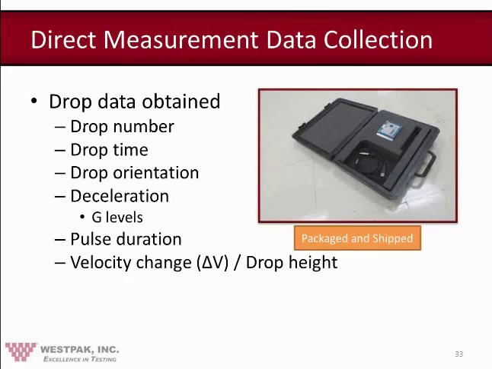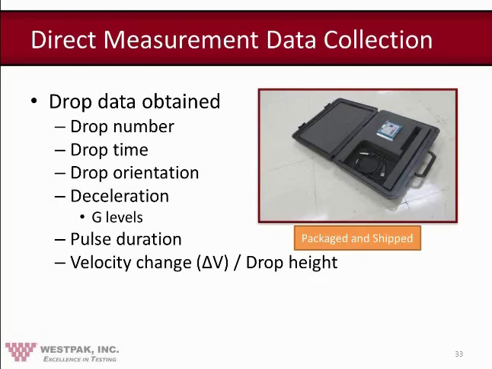Edmund, can you tell us about the direct measurement type of data collection as well? Certainly, Herb. So one of the data points that most people are concerned about is definitely drop data. And when you think about drop data, you're concerned about the number of drops. How many drops did your package see when you shipped it out? The drop time: was it dropped when you picked it up, or was it dropped somewhere in the warehouse or in the factory in the sorter?